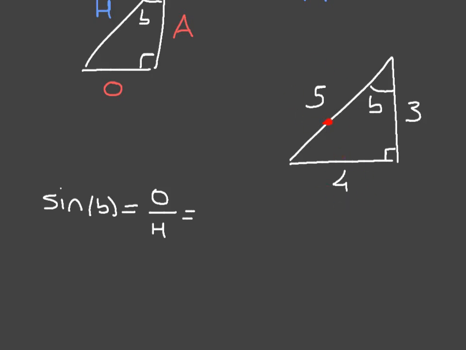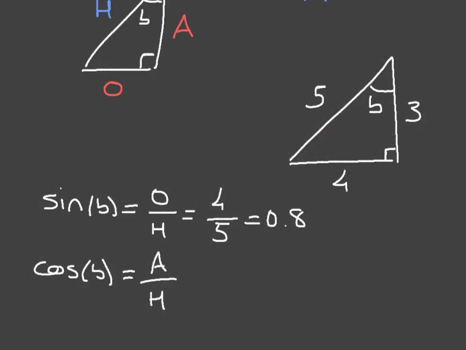The hypotenuse is 5, so that would be 4 over 5, which is equal to 0.8. The cosine of B would be equal to the adjacent of B, so in this case 3, divided by the hypotenuse of the triangle, which is 5. So that's 3 over 5, which is equal to 0.6.